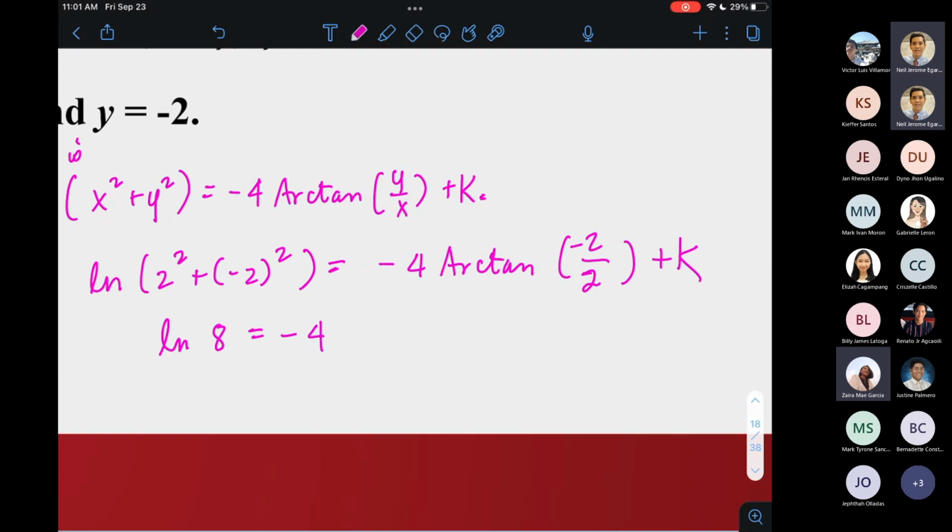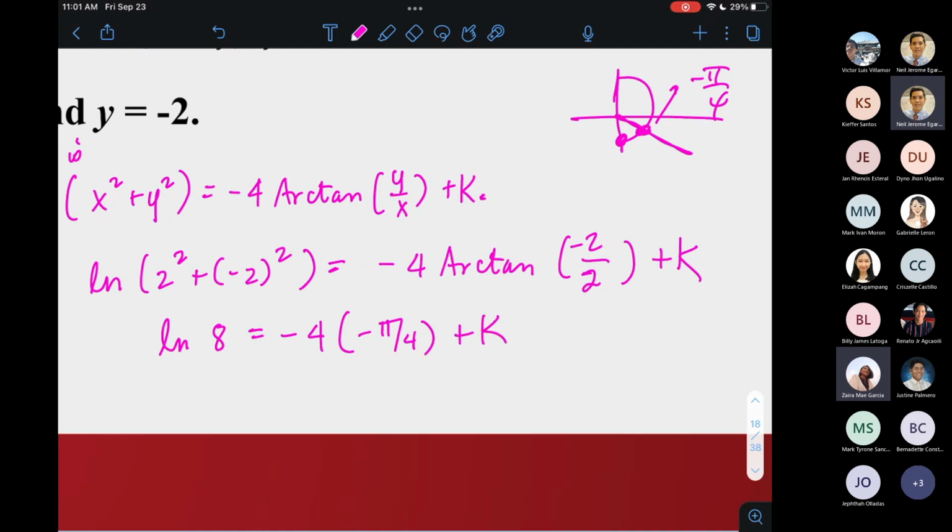Ang tangent ay nagiging negative 1 kapag ang x mo ay negative pi over 4, right? Kasi ang sine ng negative pi over 4 ay negative 1 over root 2, ang cosine niya ay positive 1 over root 2. So ang tangent ng negative pi over 4 ay negative 1. So that's the arctangent I'm looking for. So this will be negative 4 times negative pi over 4 plus k.